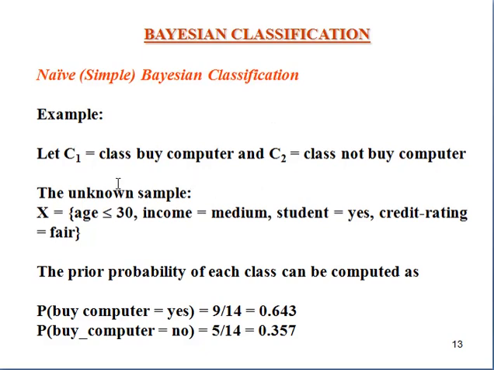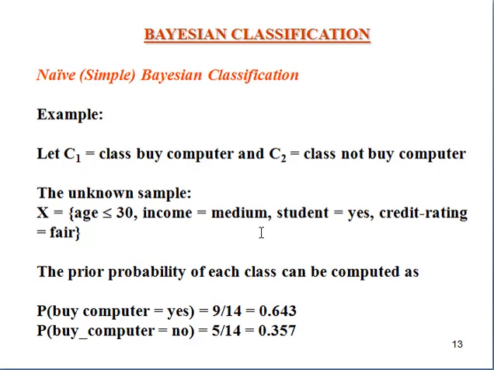So for this unknown sample, the age is less than or equal to 30. So the individual can be 30 years old, or maybe less than 30 years old, and his income is medium, and he is also a student, and his credit rating is fair. So these are the values of these attributes which are known to us.